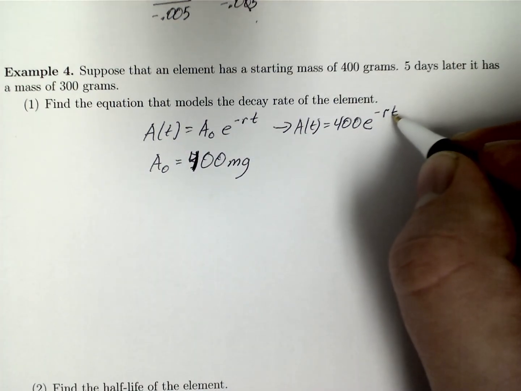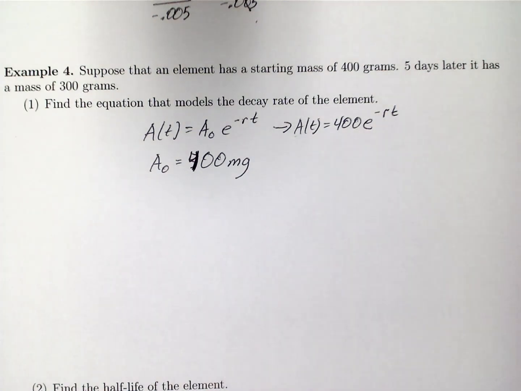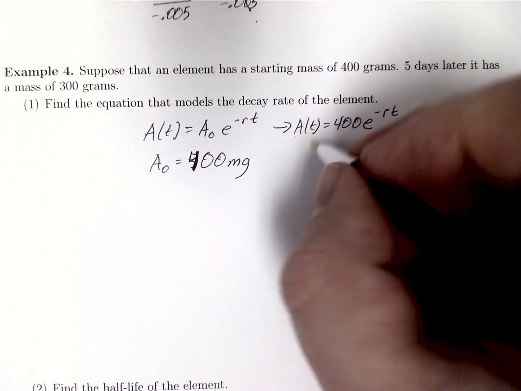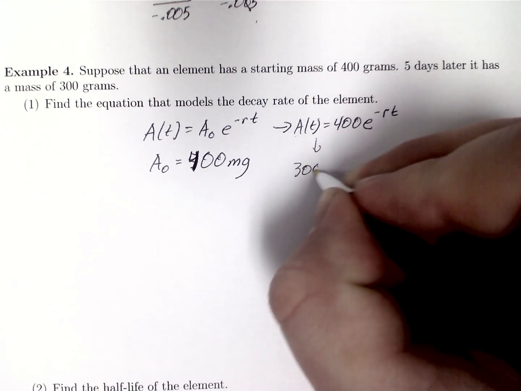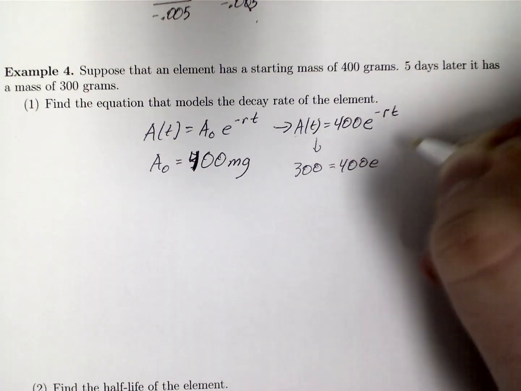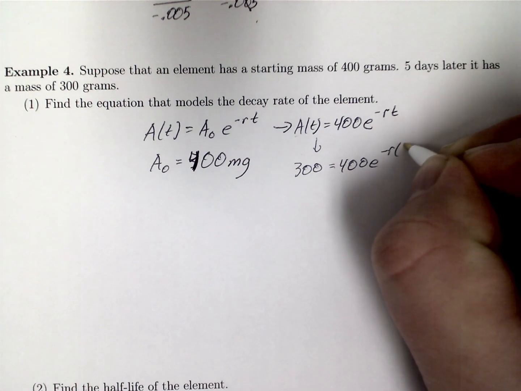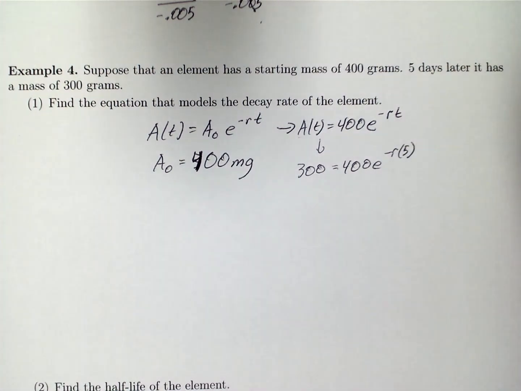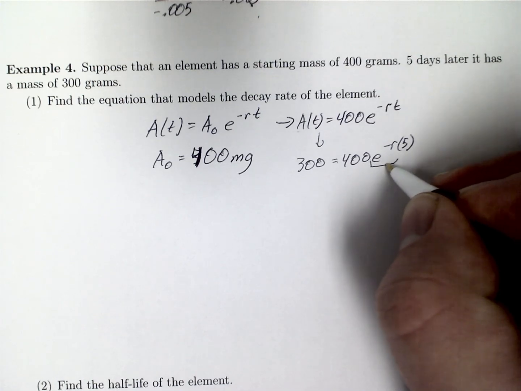So we could plug in at 5 days later, we know we have an amount, and then we can use that to solve for r. So 300 grams equals 400 grams times e to the negative r times 5, which is 5 days later.